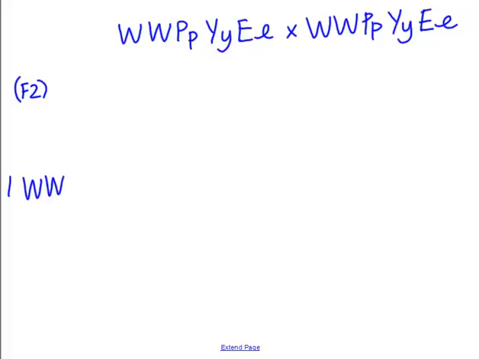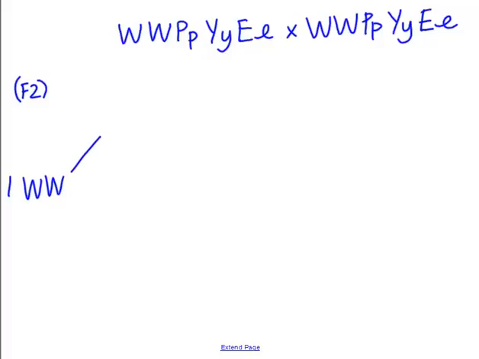Now for P, you're crossing big P times big P. Now that's usually a 1 to 2 to 1 ratio of homozygous dominant to heterozygous to homozygous recessive. But because you only need one dominant allele to get the gene product, and they're just asking us about phenotype, so it really doesn't matter genotype, let's simplify that a little bit.